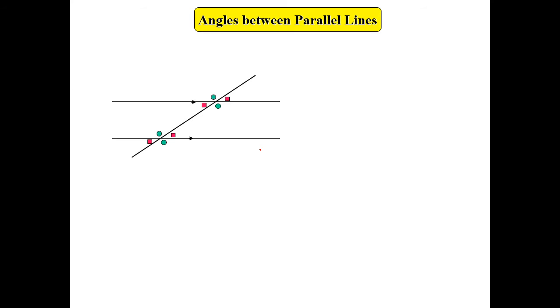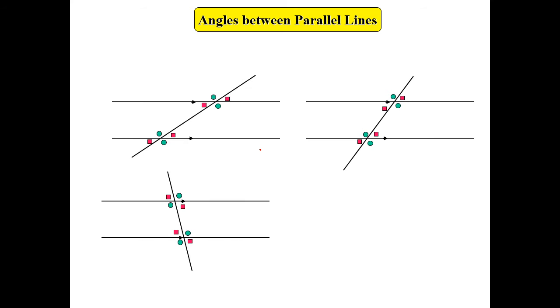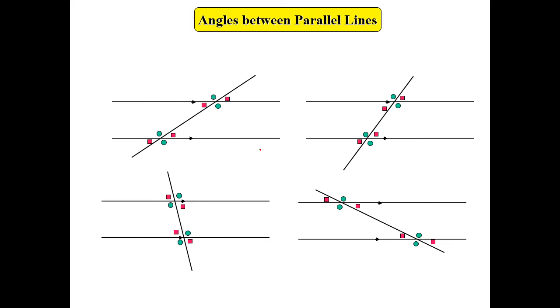Now, there are some figures here. These angles will be the same, nothing more than that. So this will be equal to this, which we already know. The transversal can be drawn any way, but the fundamentals will remain the same. The direction of the transversal can change at a certain angle, no problem.